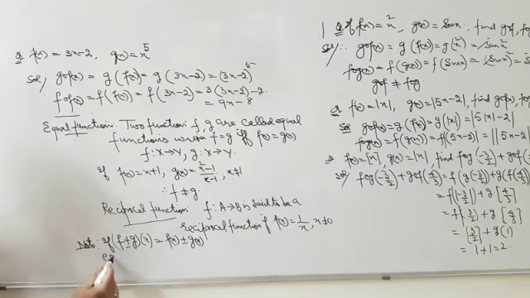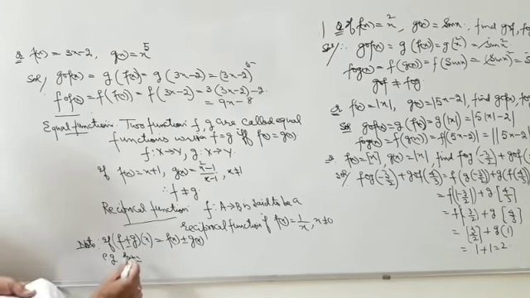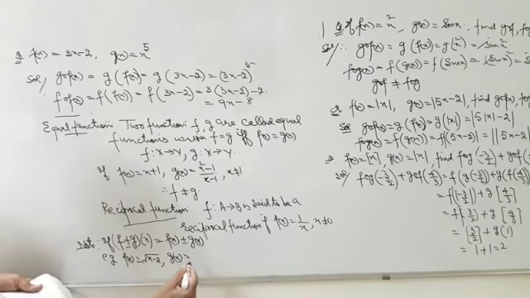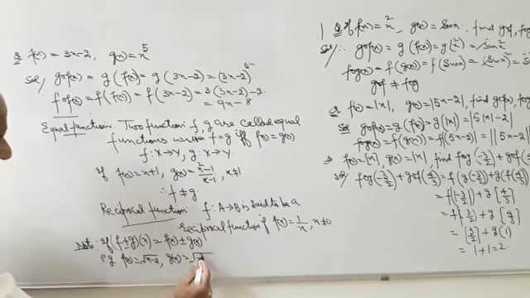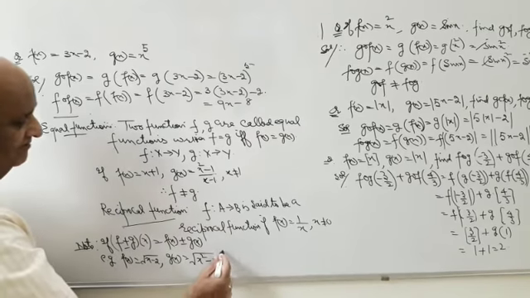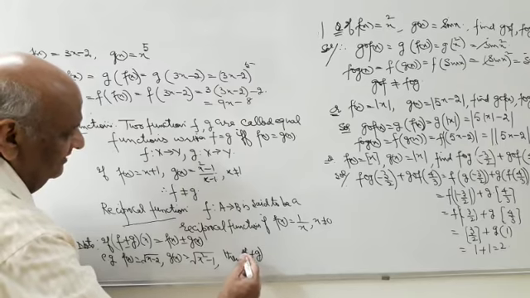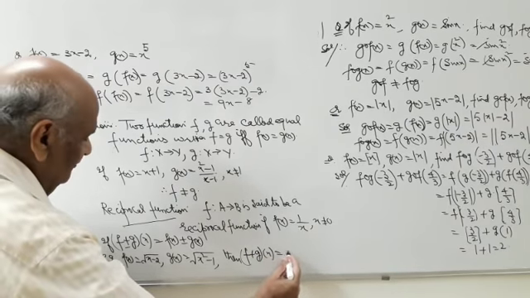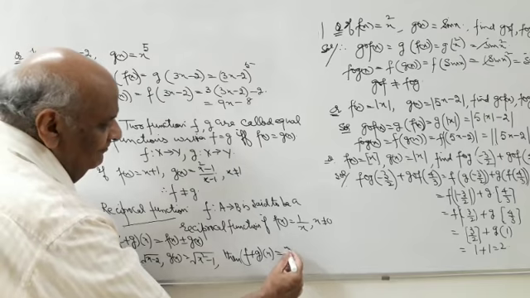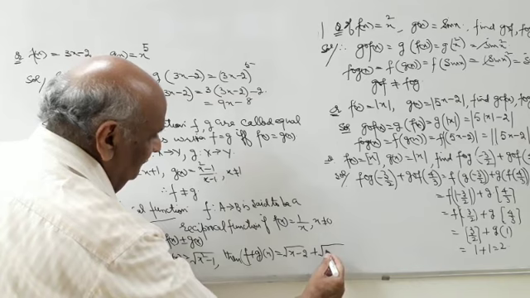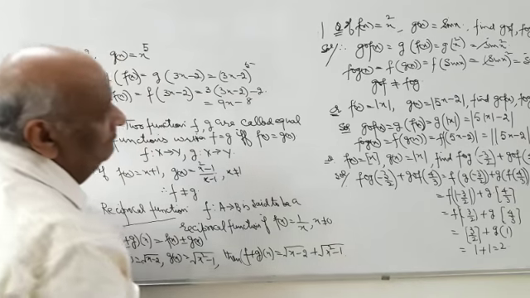For example, f(x) is equal to the square root of x minus 2, g(x) is the square root of x square minus 1, then f plus g of x is equal to the square root of x minus 2 plus the square root of x square minus 1.